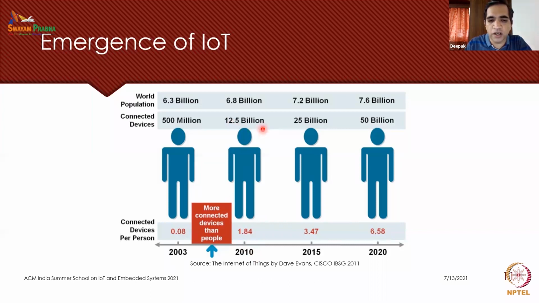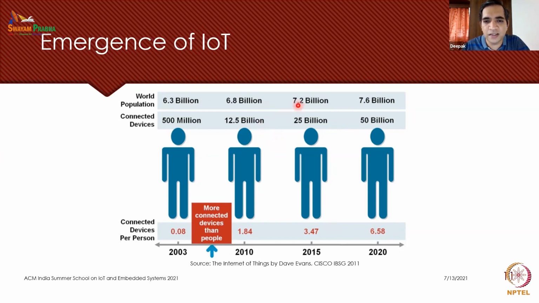In about 4 years, from when the number of connected devices became just a little bit more than the number of people, to 2010, it became almost twice the number of people in the world.